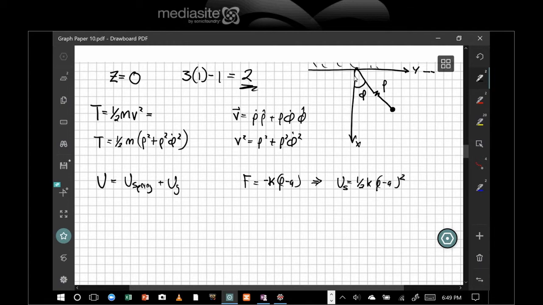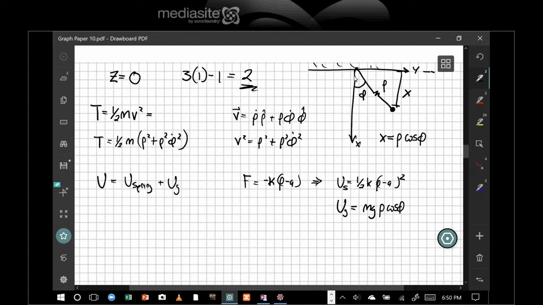Okay, that's the spring potential energy, and then the gravitational potential energy is just going to be equal to mgx. So this distance here is x, and x, we apologize for that, is equal to rho times cosine of phi. So it's going to be mgx, or mg rho cosine phi.